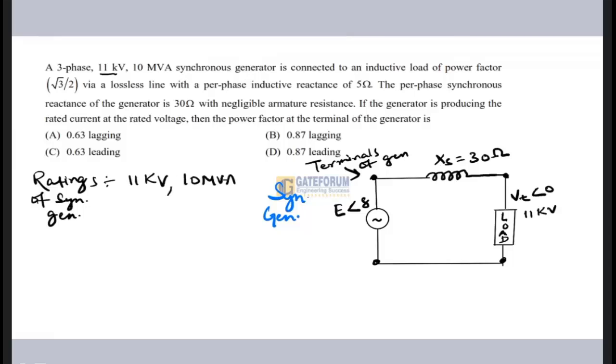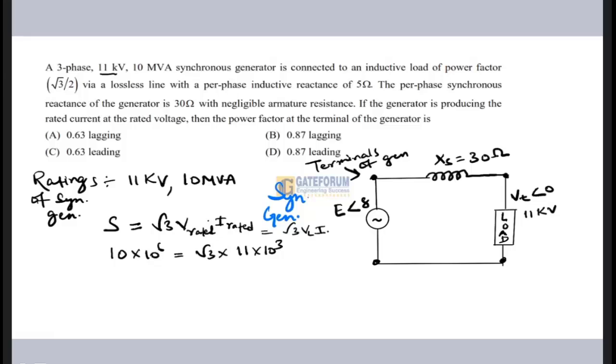MVA. So I know that the rated power in three phase is given as root 3 V rated into I rated, that is root 3 into VL into IL. That is how you give the rating of the three phase generator. So here 10 into 10 to the power 6 is equal to root 3 times V rated, which is 11 into 10 to the power 3 because this is the line voltage, root 3 VL IL.